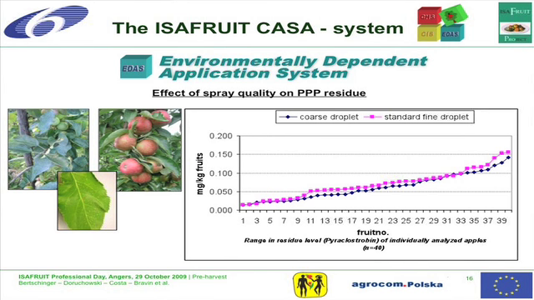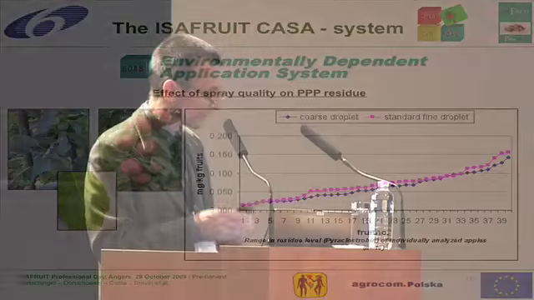So you obtain actually the same residue level. And Rector Różowski might explain later what this means. In certain cases, we really would prefer to have the coarse droplets for having the reduced drift. And in certain cases, the fine droplets provide better protection.